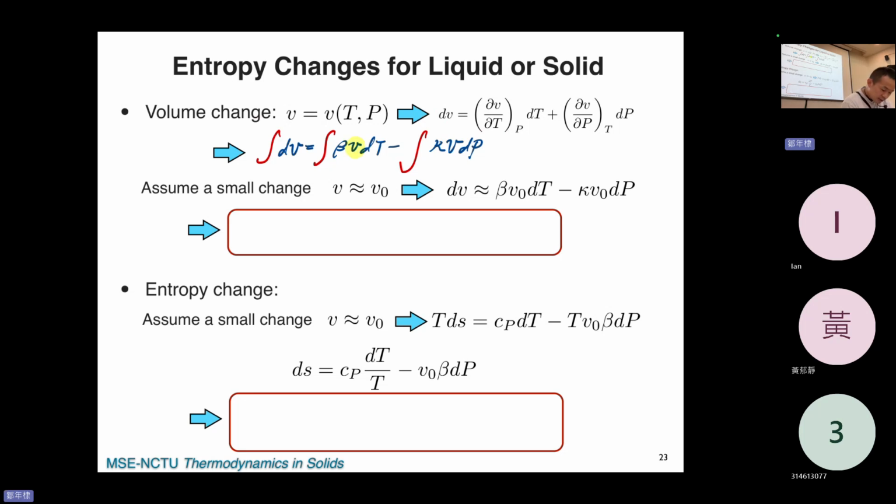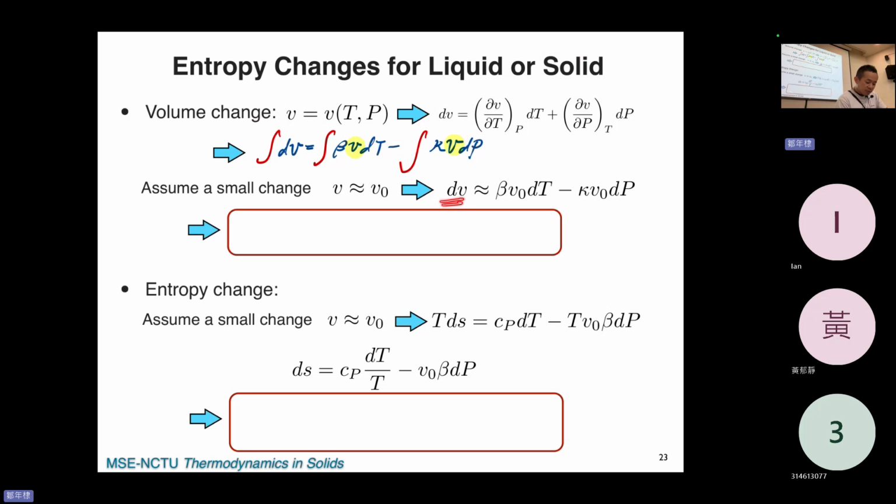Okay, so there's a V here. So volume should change during the process, right? Suppose we are doing a gas. Yes, the change of V needs to be considered. However, because now we are focused on liquid and solid, which have relatively small volume change compared to gas, we can assume a small change, V approximately equal to V0.